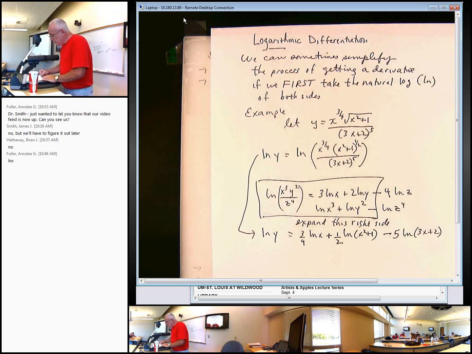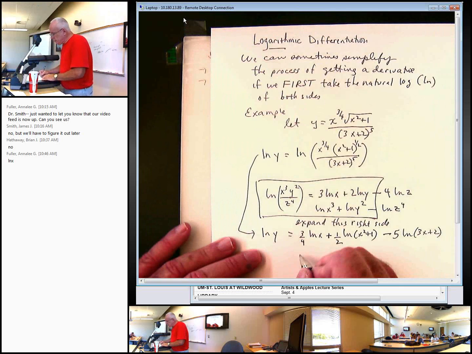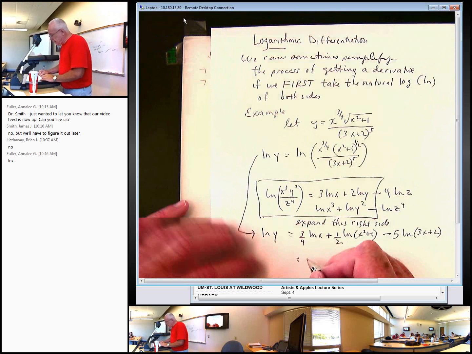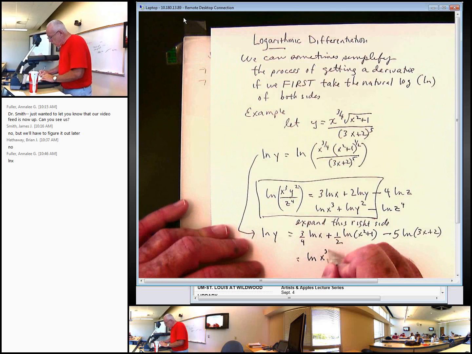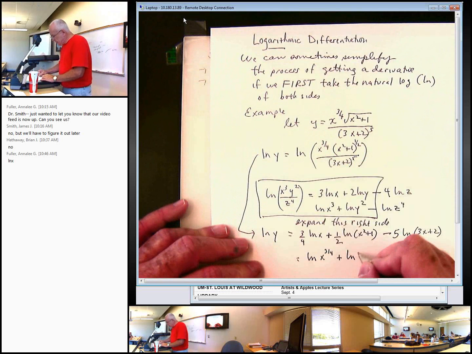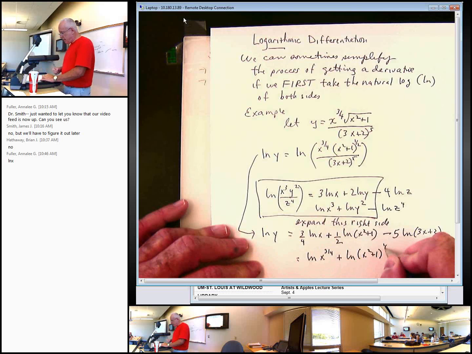Let me just, again, do here what I did before. Let's go back up here. This is the ln of x to the 3/4. Since they're multiplying, I add the log plus the ln of x squared plus 1 to the 1/2 power.